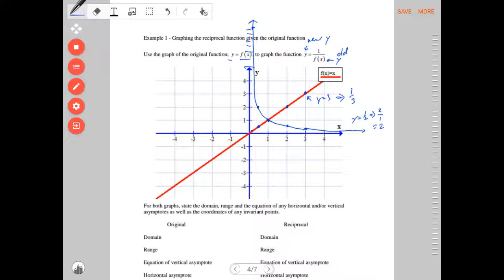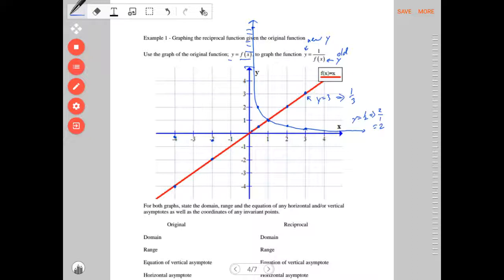Now if we do the same kind of thing on the negative side, we're taking the y coordinates. Over here, the y coordinate is -4. 1 divided by -4 is -1/4, so that's kind of like there. Now this one, the y coordinate is -2, so 1 divided by -2 is -1/2.